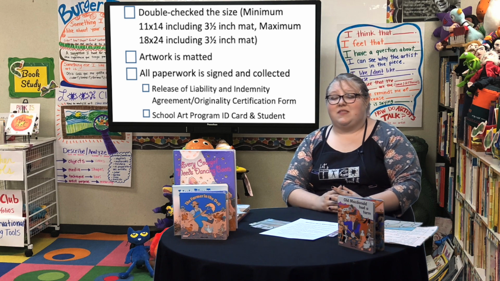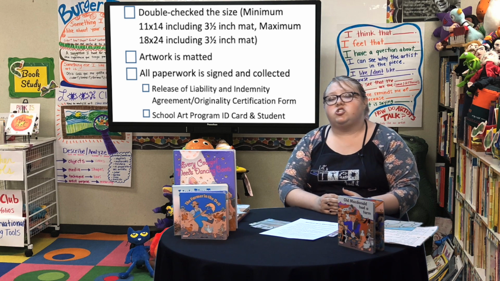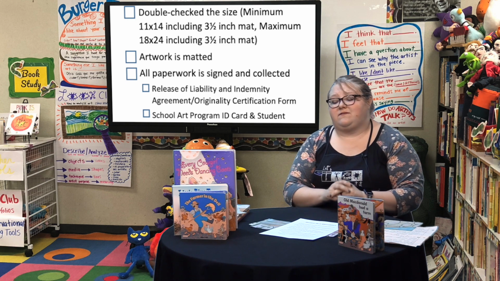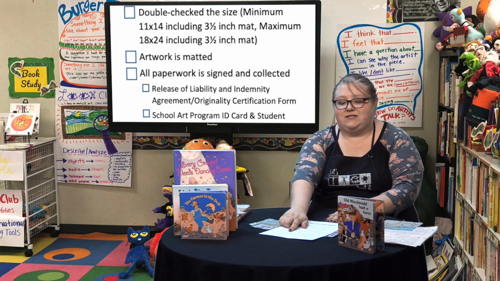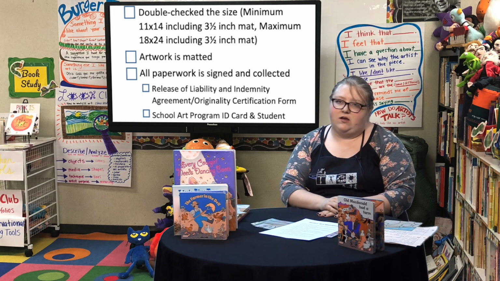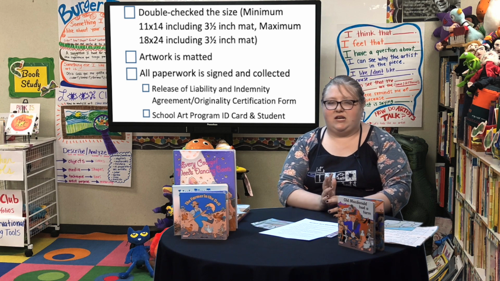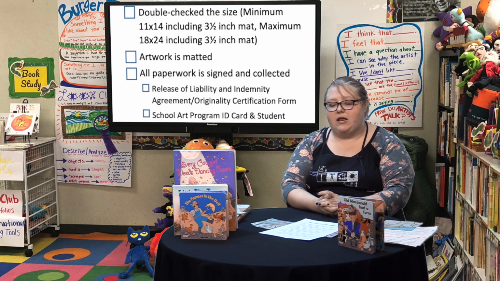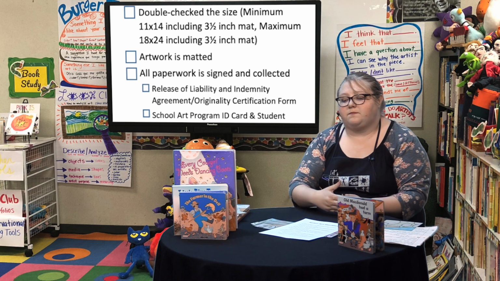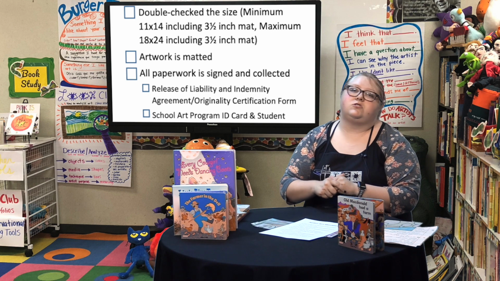And lastly, you need to get your paperwork signed and collected. Each student has to have 2 pieces of paperwork. The first one is the release of liability agreement, and it also is the certification form that it was original. It's all their own work, that the student didn't copy anything. They have to sign a paper saying that. And then the last paperwork is the school art program ID card and student affidavit.